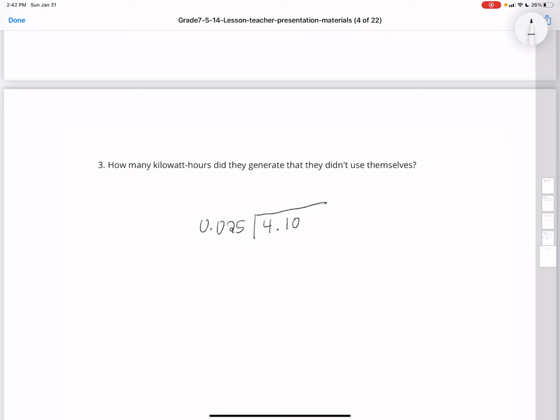I want to move that decimal over until there are no longer numbers behind it. So 1, 2, 3. Now at this point, I would just add a 0. If I had to rewrite it so you guys could understand it better, it would be 25 and 4,100. So 25 could go into 41 one time.